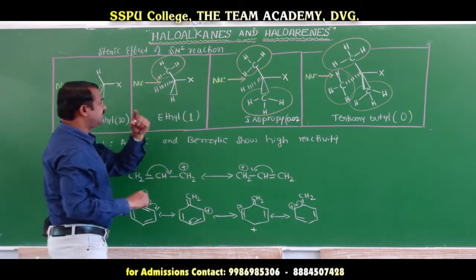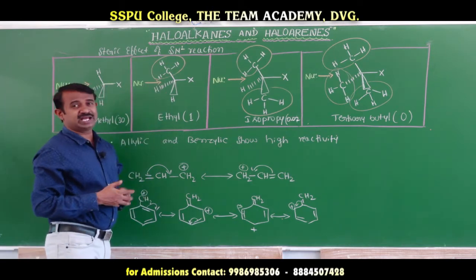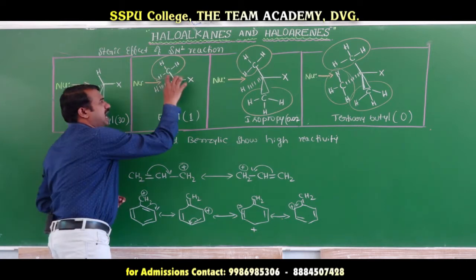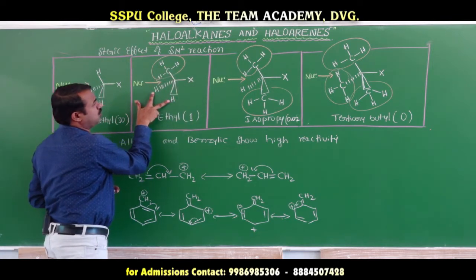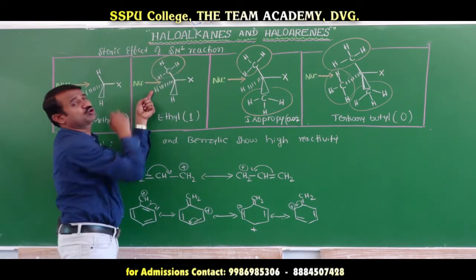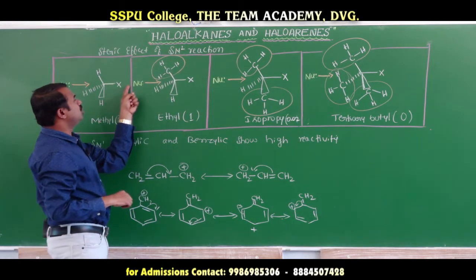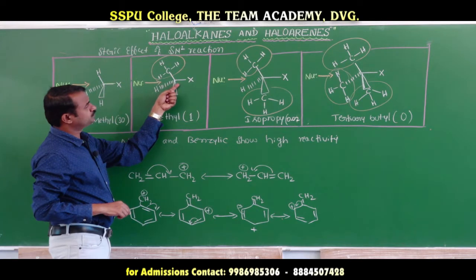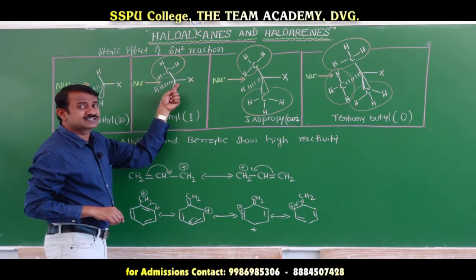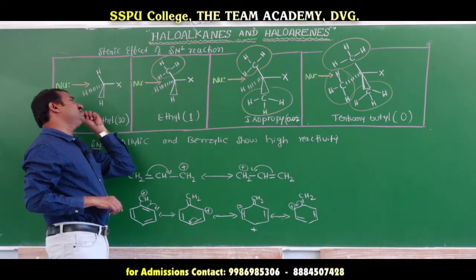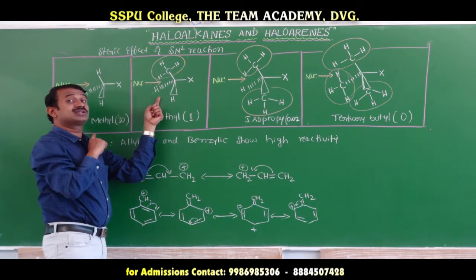With an ethyl group, a primary alkyl halide, the C-X bond is there, two hydrogens are there, and one alkyl group, a methyl group. The approach of the nucleophile opposite to the C-X bond is less easy compared to methyl.